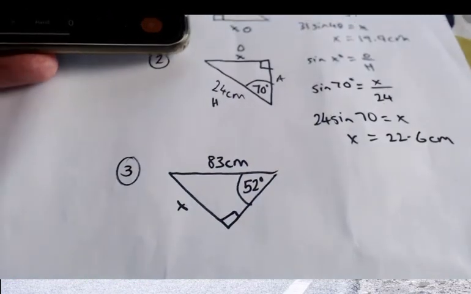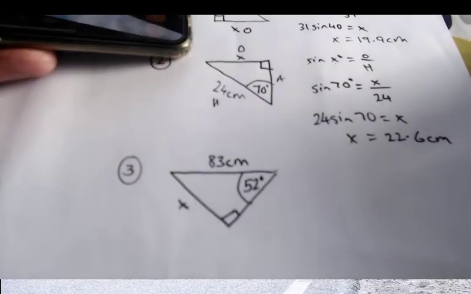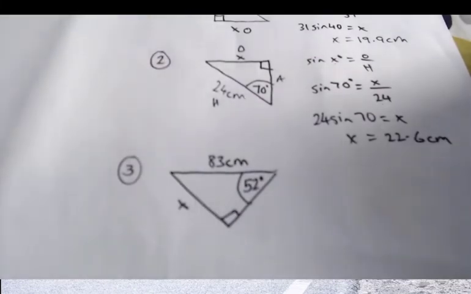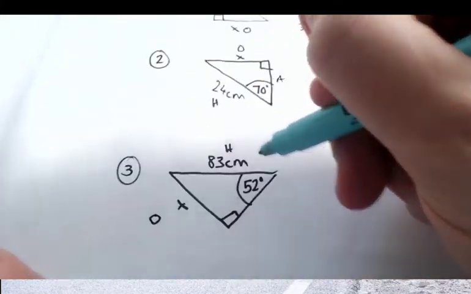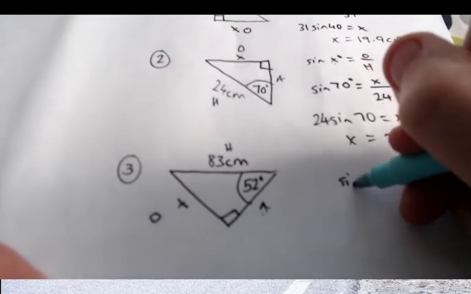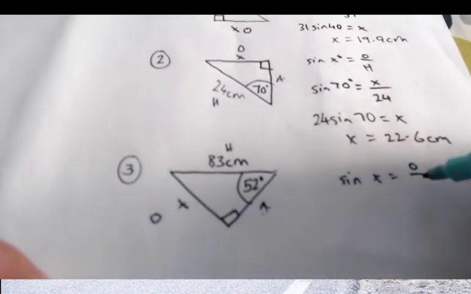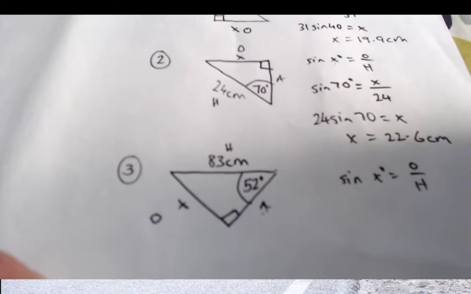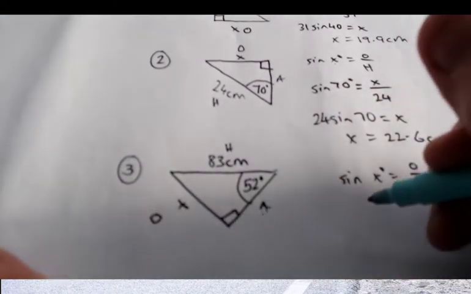Okay, number 3. Hit pause. Give it a go. Okay, again label the sides. Opposite, hypotenuse, adjacent. Write the rule. Sine x equals O over h. Fill in the information. The angle comes in here.